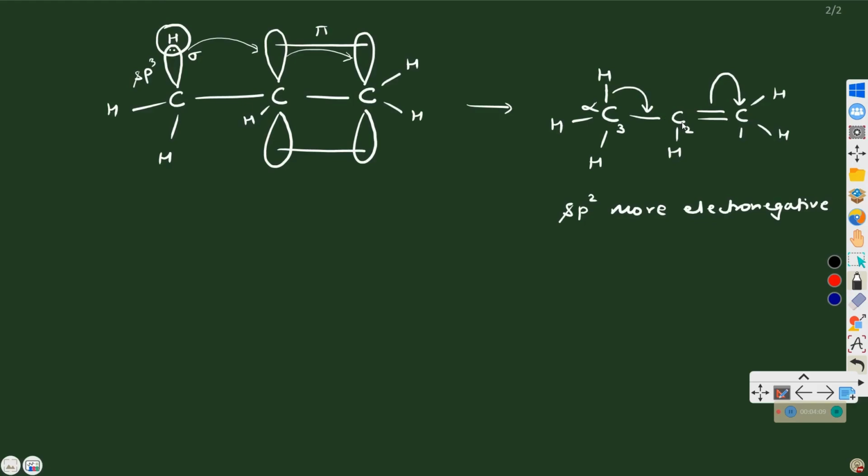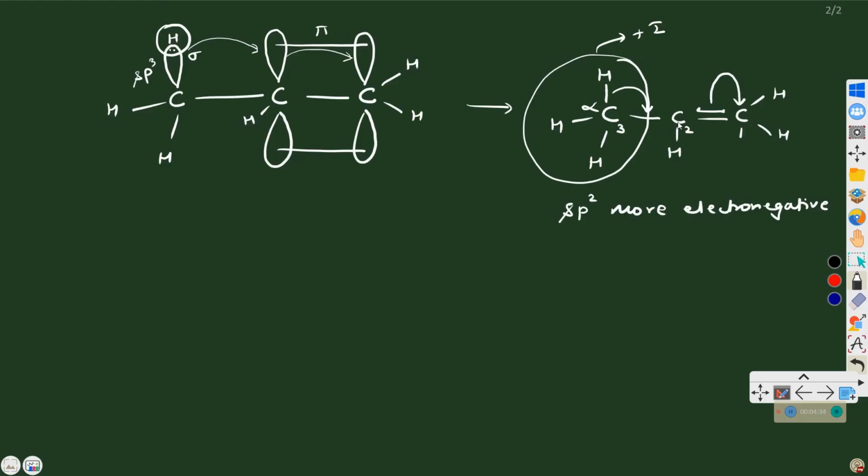So the electron deficiency of carbon number 2 is reduced a little bit. So carbon number 1 is more electronegative with respect to carbon number 2 because on carbon number 2 there is one alkyl group present which shows a positive inductive effect.